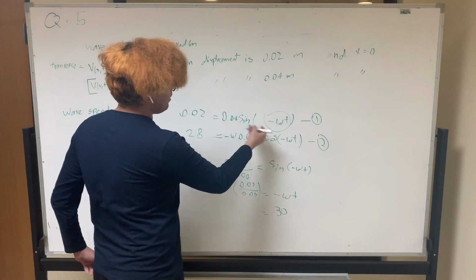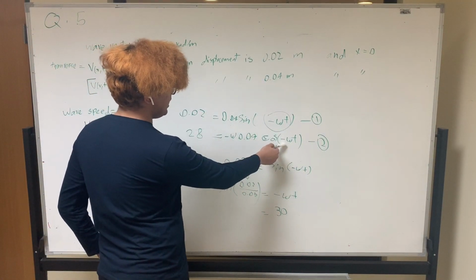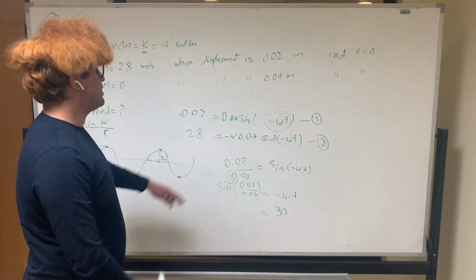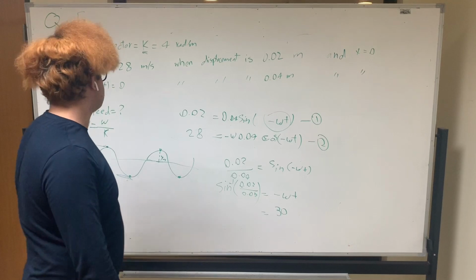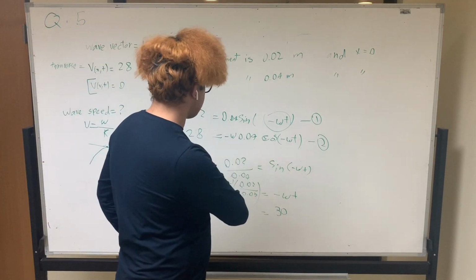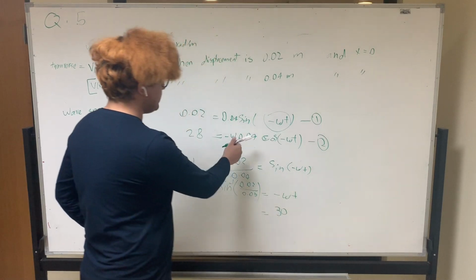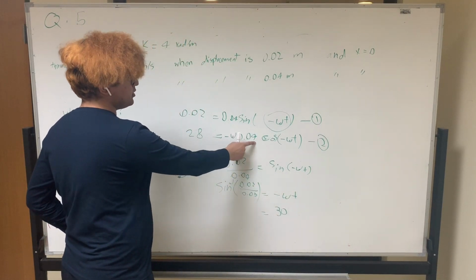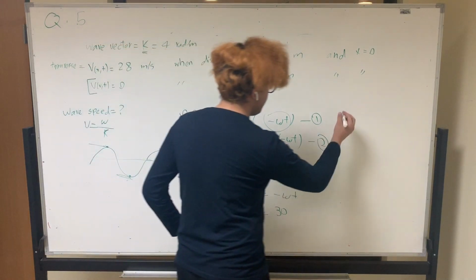So once we know the value of the argument, we can plug it here and solve for omega. And once we get the value of omega, we just divide it by k and you get your answer. So how can we solve for this? Alright, so the first step is to divide both sides by 0.04 times cosine omega t.